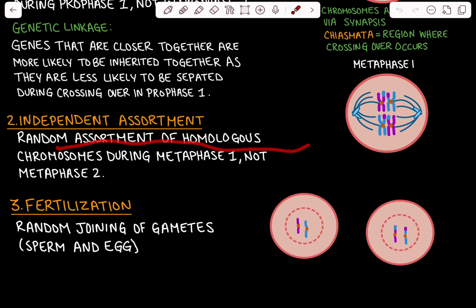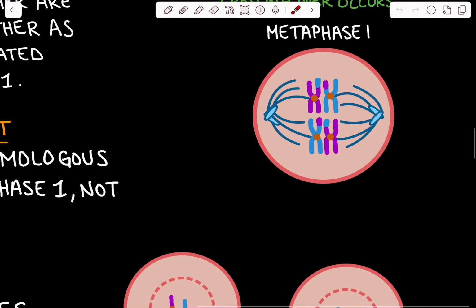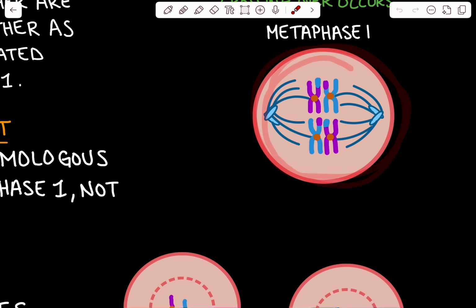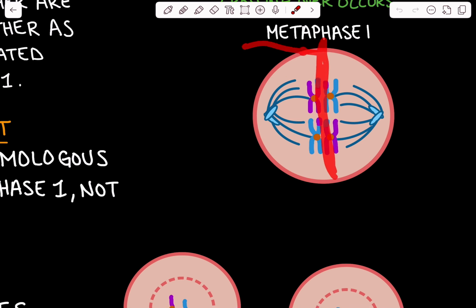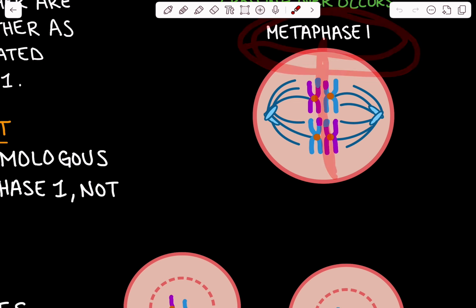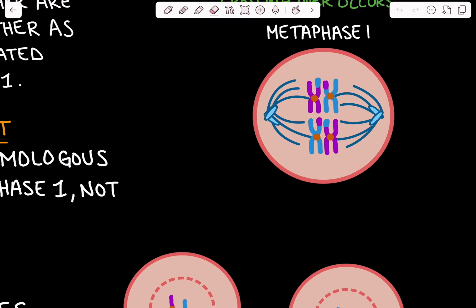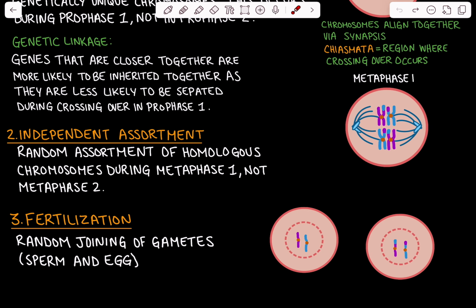So the random assortment of homologous chromosomes during metaphase 1 leads to more genetic variance. So we have these chromosomes, and the way that they line up at that midline in metaphase is completely random. We cannot predict where this chromosome will go, or where this chromosome will end up and in which gamete. So it's completely random, and that randomization increases genetic variance.